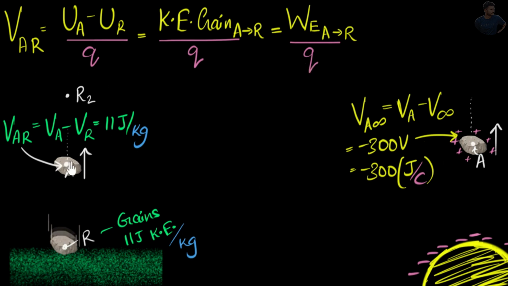And again, let's come back over here and see if it makes sense. So if I want to calculate how much potential energy I have over here, I need to figure out how much kinetic energy is gained or lost as it goes from here to here. But to do that, I have to calculate how much work gravity does in moving it from here to here. And how do you calculate the work done by gravity? Or how do you calculate work done by any force?